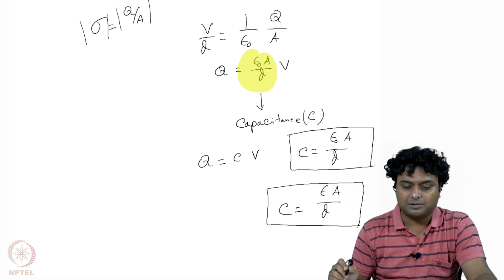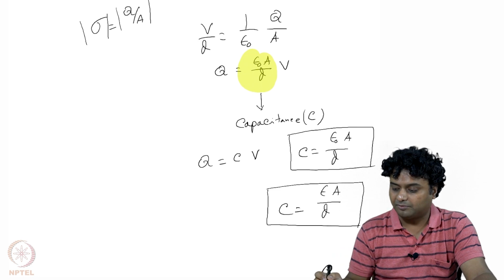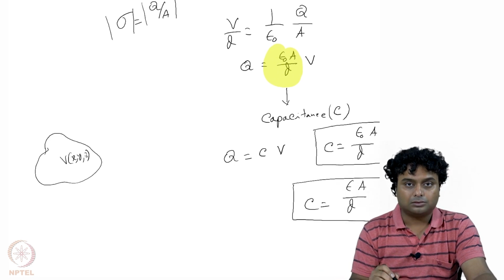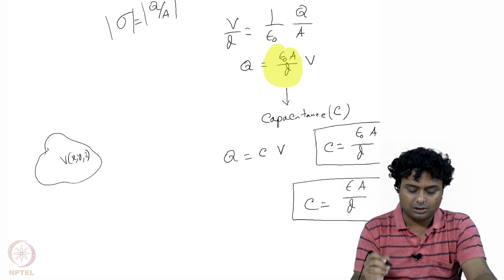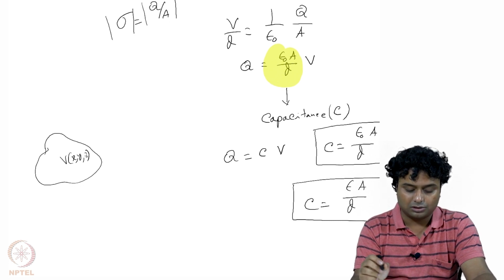This parallel plate capacitor equation we will need in this course very frequently. Now we will discuss a little more about electrostatics which may be required for this particular course. Okay.